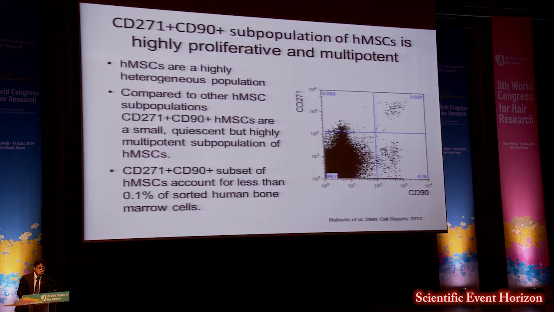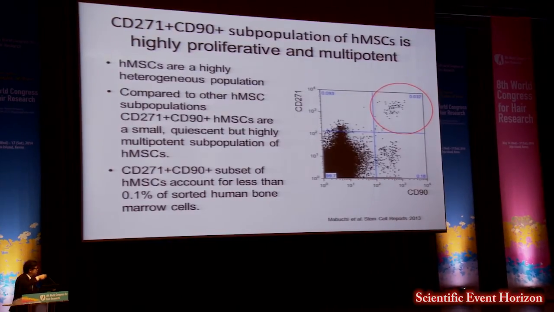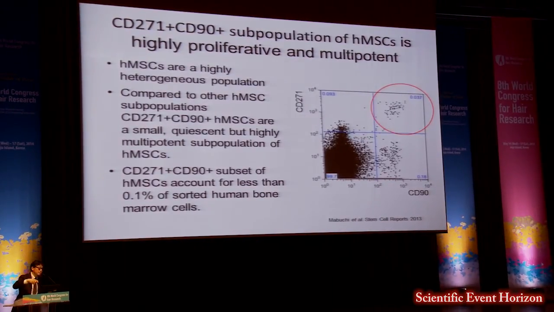But the problem with this cell population was that they account for less than 0.1% of the bone marrow derived mesenchymal stem cells. So it's extremely hard to use this cell population for downstream analysis, including tissue regeneration assays. As you can see here, the percentage is very low in this sample.